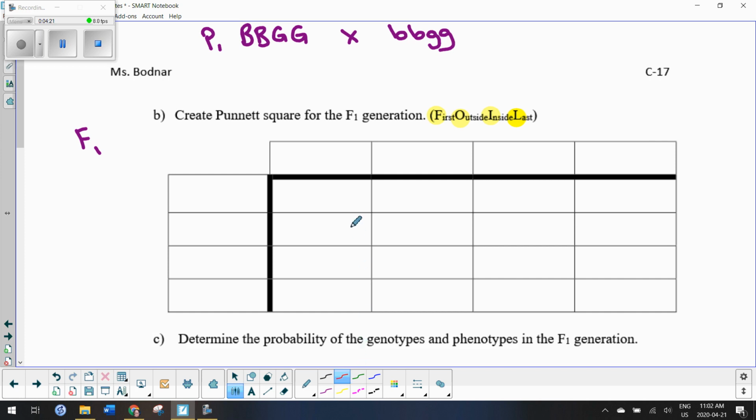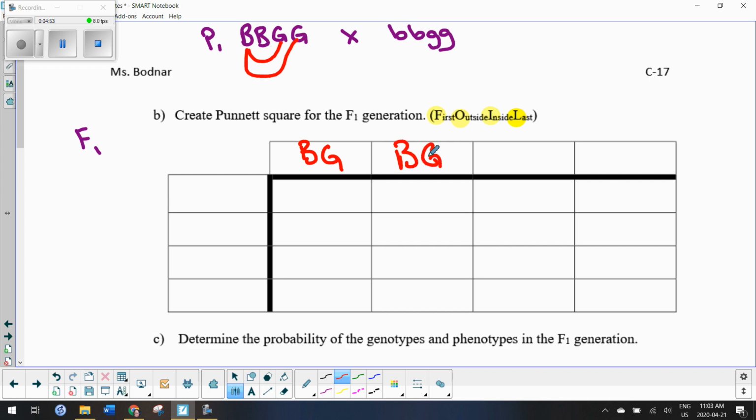I have to determine what I'm going to be drawing up here. Let's start with our dominant one. This should be pretty self-explanatory because they're all the same alleles, but first, you're taking the first allele out of both genes. So first and first. So you're taking big B, big G. Outside is talking about the first allele and the last allele.